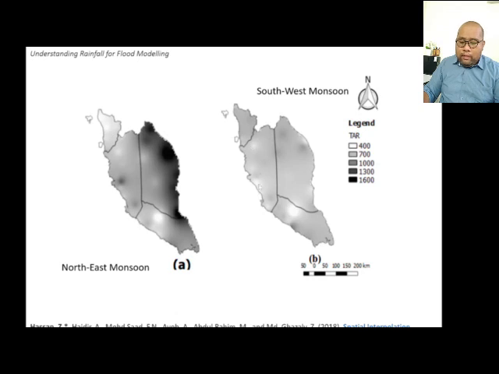Tengok macam kawasan Perak, kawasan Selangor. Ni yang tadi kata Kuala Pilah tu, memang betul lah. Tengah-tengah ni Kuala Pilah menerima taburan hujan yang agak sikit lah untuk kedua-dua monsun.